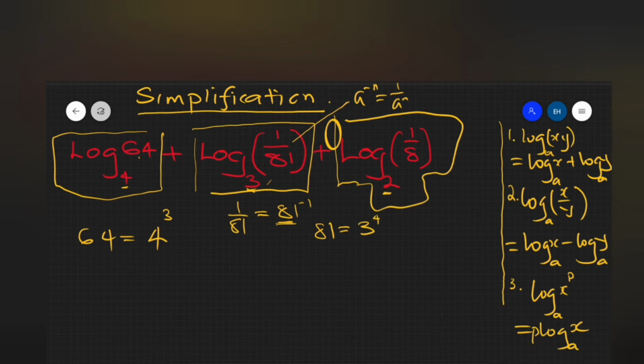Then 1/8, we apply the same rule as that one, which will be 8 to the power -1. And 8 in terms of base 2, it will be 2 to the power 3, like that. So you must know the relationship between the base and the number, or between the number and the base.